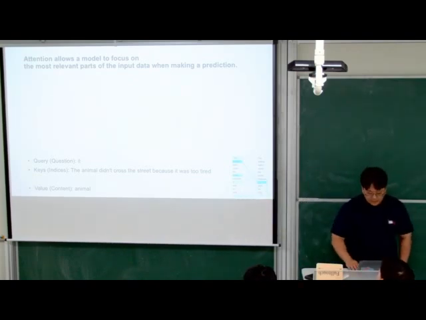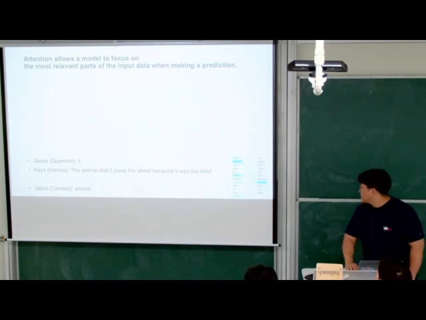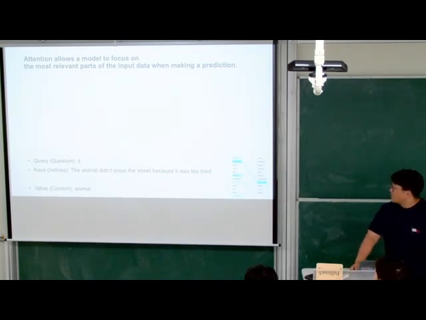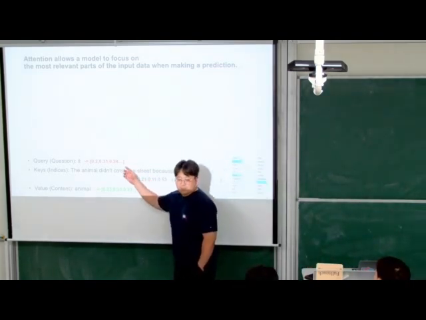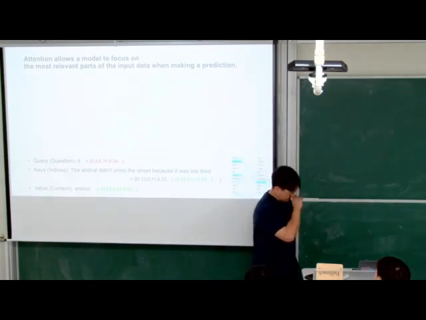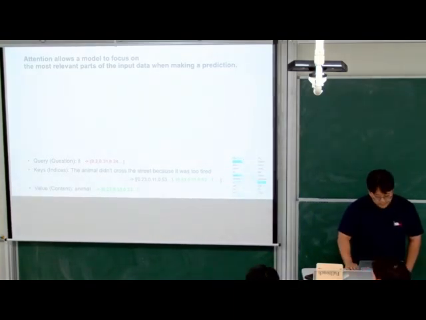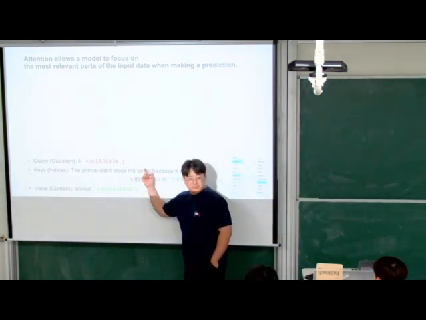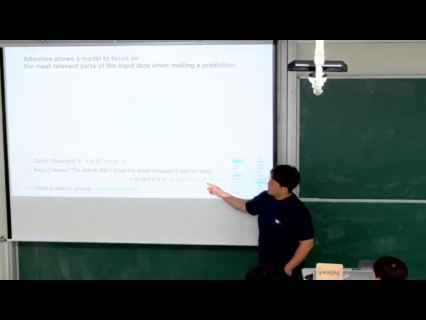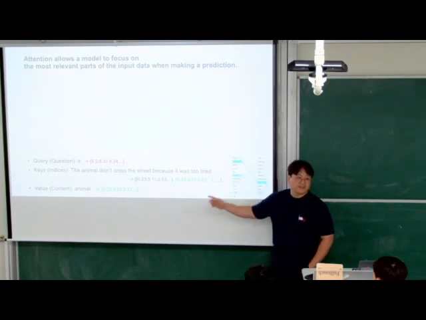So to calculate the similarity between the tokens or words, we have to convert each word into a vector. Vector. And this key has multiple words, so this is the vector set, right?